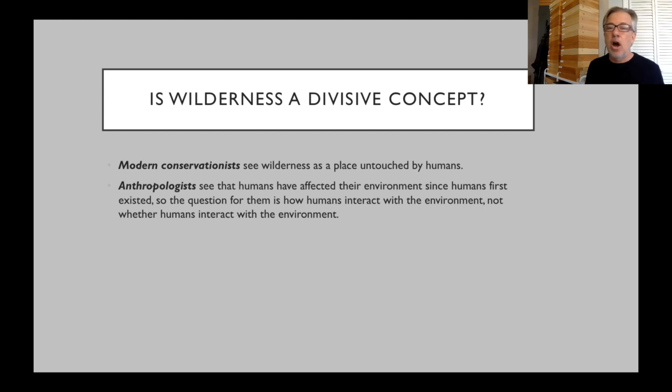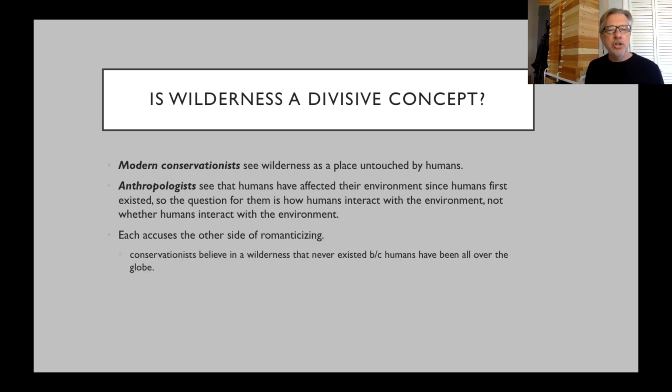Duh, humans always interact with the environment. So let's see how this is played out. Each accuses the other side of romanticizing, and let me try to explain that. Conservationists believe in a wilderness that anthropologists claim has never existed because humans have been all over the globe for a considerable amount of time. And so even North America, which appeared to be wilderness to European settlers, was not wilderness to native people. They didn't even have a concept of wilderness.